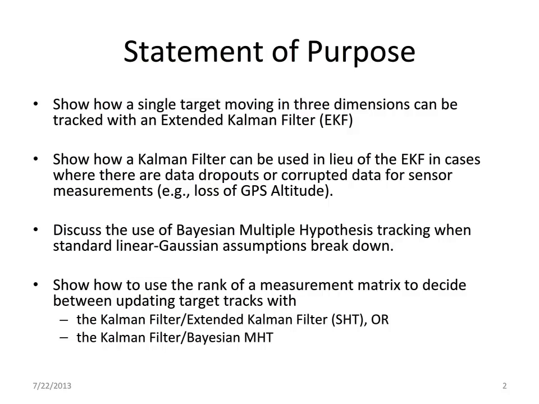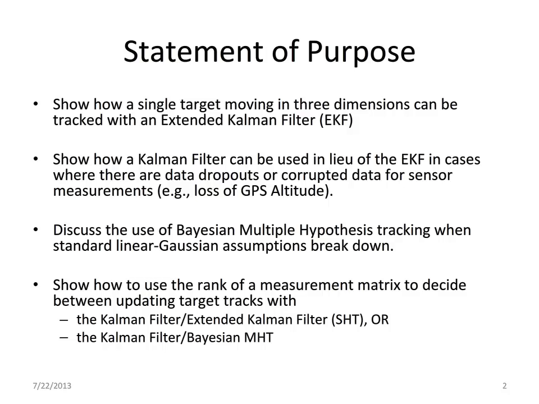Statement of purpose. The intention of this research project was to show how a single target moving in 3 dimensions can be tracked with an extended Kalman filter. Also to show how a Kalman filter can be used instead of the extended Kalman filter in cases where sensor measurement data is lost, corrupted, or invalid.